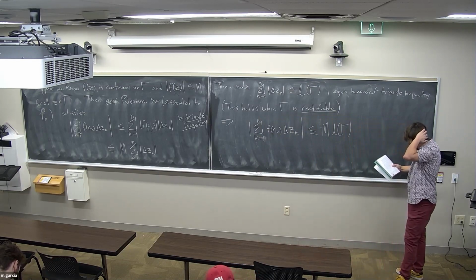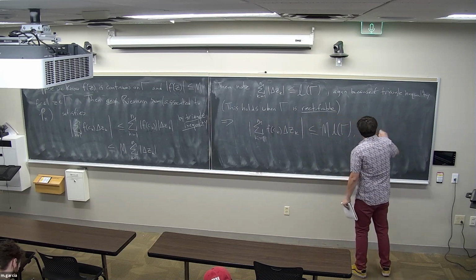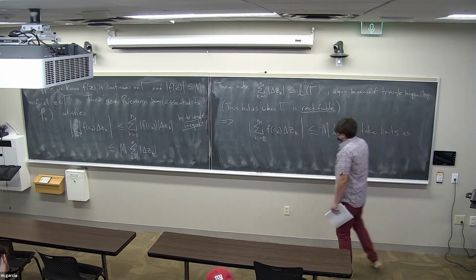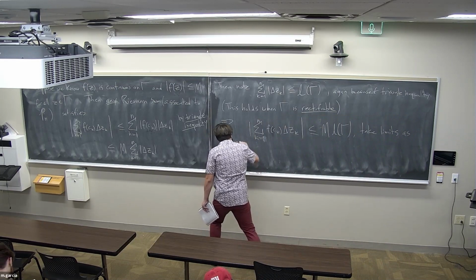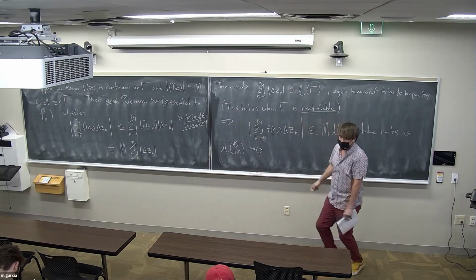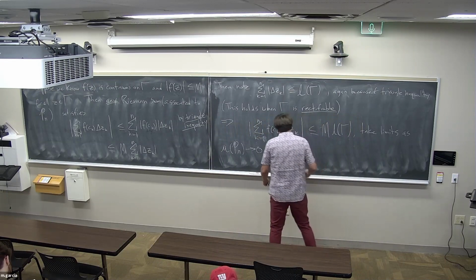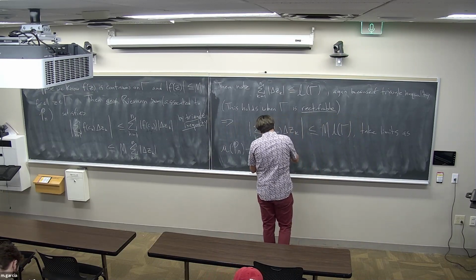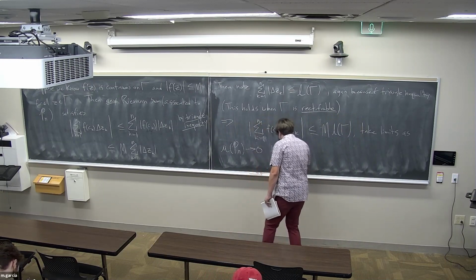Right. So now take limits as the mesh of our partition goes to 0. That's how we get an integral from a Riemann sum. We take the limit as the mesh goes to 0 over partitions. And then we get the following theorem.